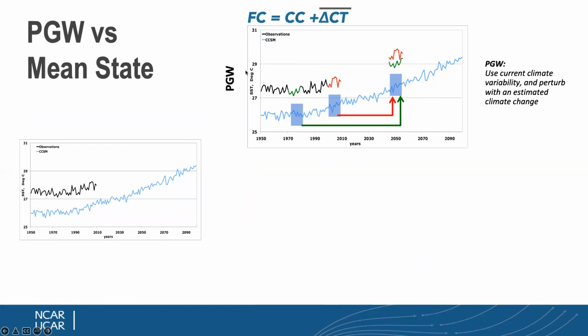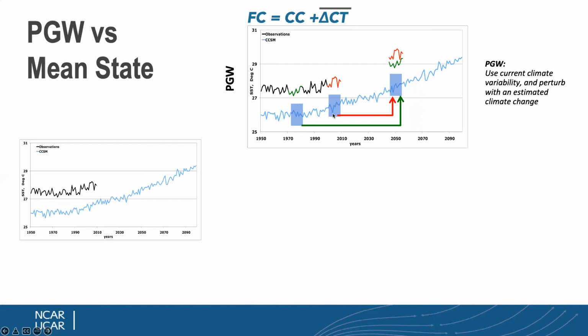In the PGW method, we would pick a current climate and a future time that we're interested in. Say we're interested in the 2050s, we might pick a time period around the 2080s, find the delta between these two time periods, and add the delta back to the current climate, which will then give us this green representation in the future.